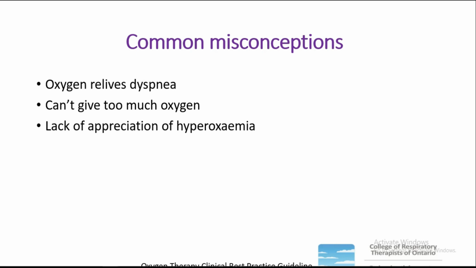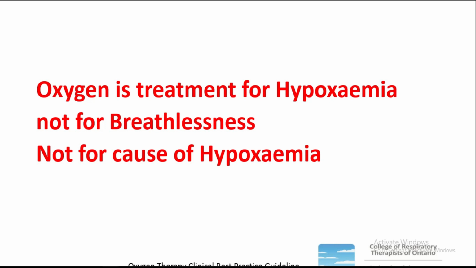The same example is also applicable in stroke. So, important things to note: oxygen is treatment for hypoxemia, not for breathlessness, not for the cause of hypoxemia. So hypoxemia should be evaluated.